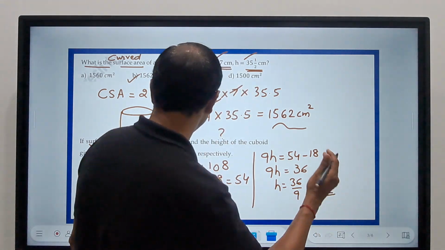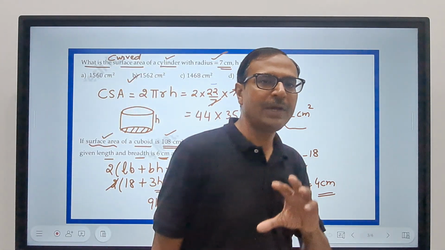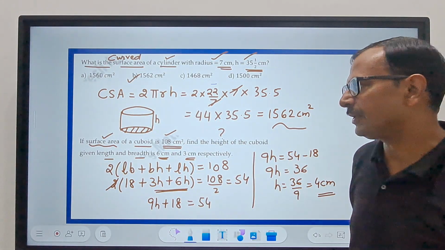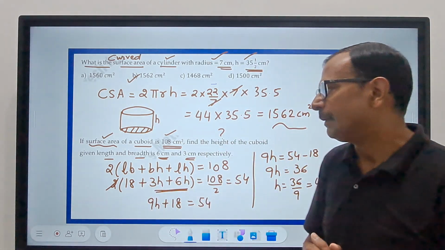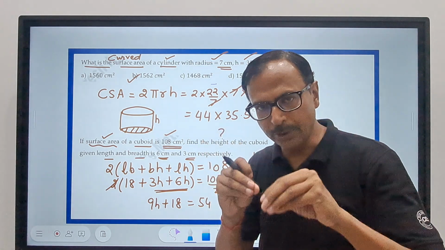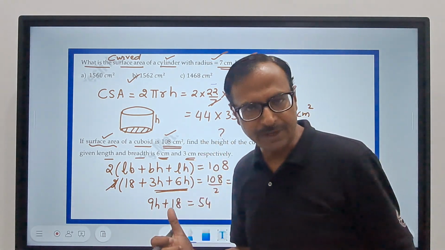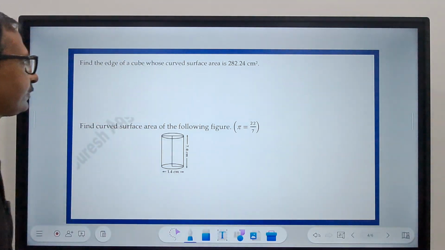That becomes the height of the cuboid. So if any two dimensions of a cuboid are known, then you can actually find the third dimension very easily by just applying the formula, putting in all the values which are known and finding the unknown variable. Right friends? Let's move on to the next question.